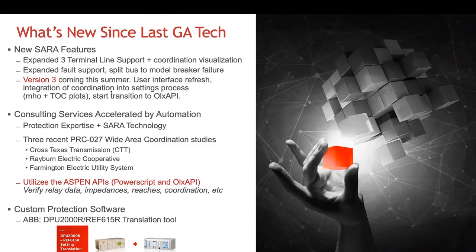We also do custom protection software. ABB asked us last year to help them write a translation tool, and we also have several utilities who've come in and asked us, in addition to Sarah, to help them automate some of their internal processes and workflow. So we're able to help utilities with that as well.